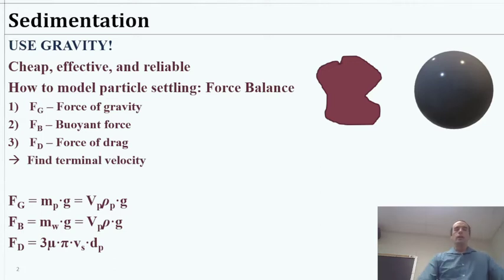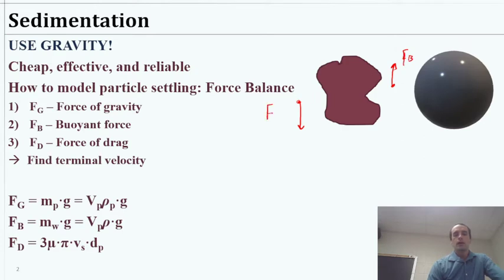Okay, so we assume they're spherical and all the same size, then we can do a force balance on them. The forces acting on our particles: we have the force of gravity, FG, pulling down, and we have a buoyant force, FB, acting upwards.